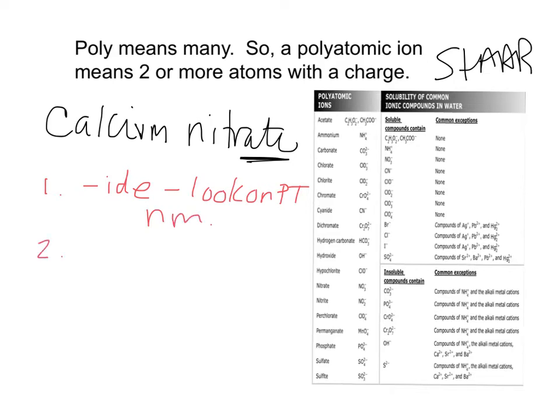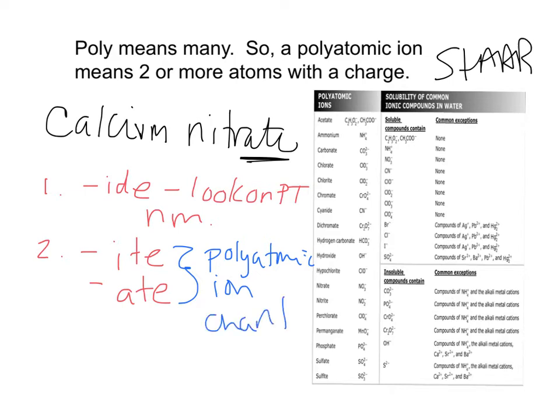Number two, if it ends in ITE or ATE, either one of these two, you're going to look on your polyatomic ion chart. This is going to be provided for you every single time.